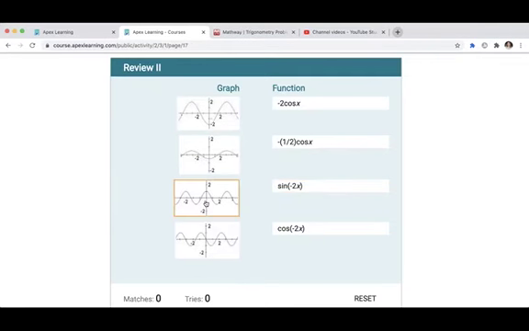Sine would normally start at 0. So the only function that's starting at 0 right now is this value, and we're multiplying that by a negative 2x.